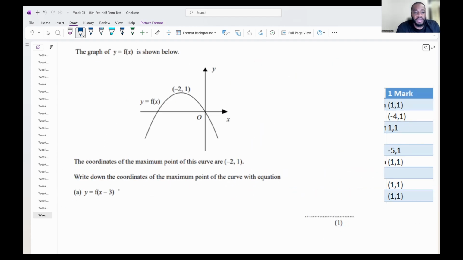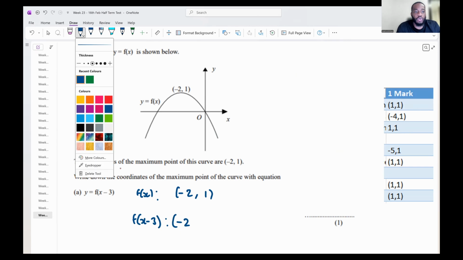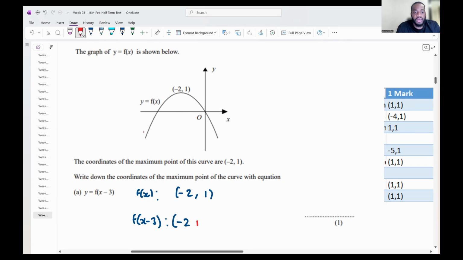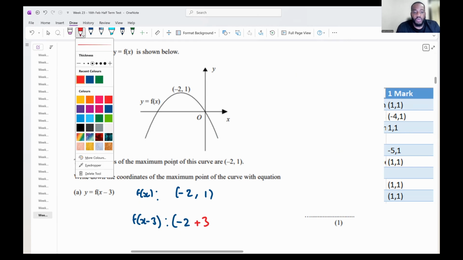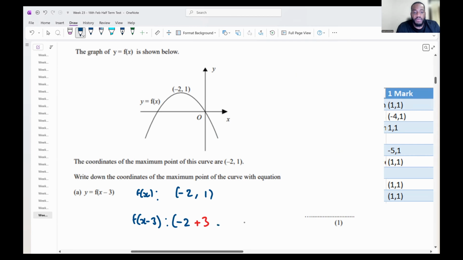It starts at minus 2, 1, and under f of x minus 3, the x becomes minus 2 plus 3, which is a positive 1, and you keep the y coordinate the same. So it's just 1, 1. That's the answer. Does that make sense, guys?